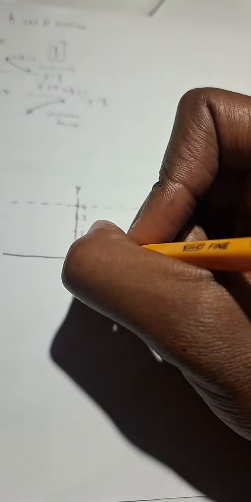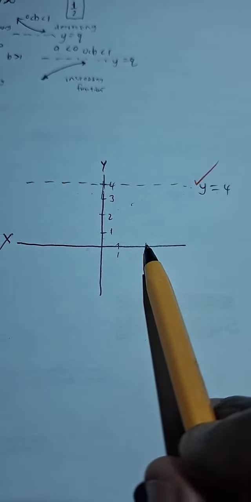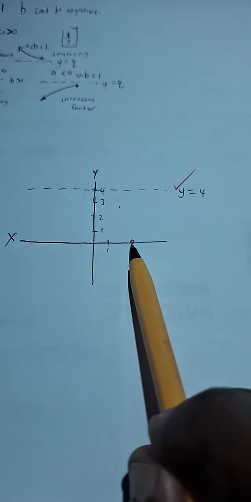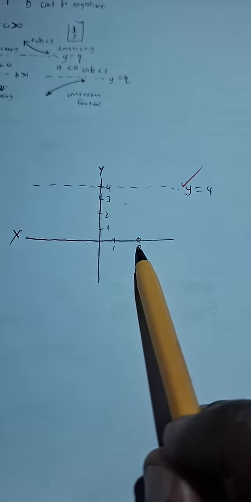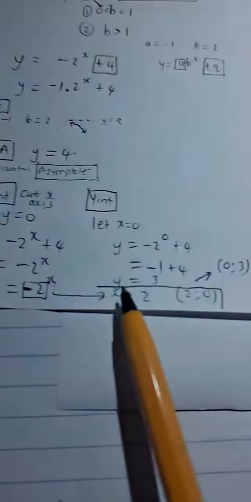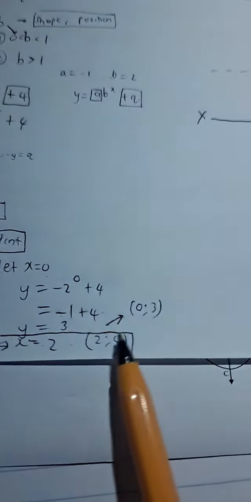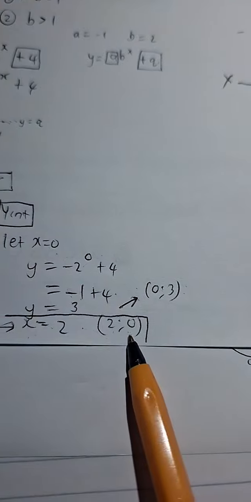Where is 2? 1, 2. So we are cutting here. We're expecting the cut to happen there, where x is 2. Are we together, guys? So 2 and 0 is exactly here on the x-axis. That's where 2 and 0 is located.